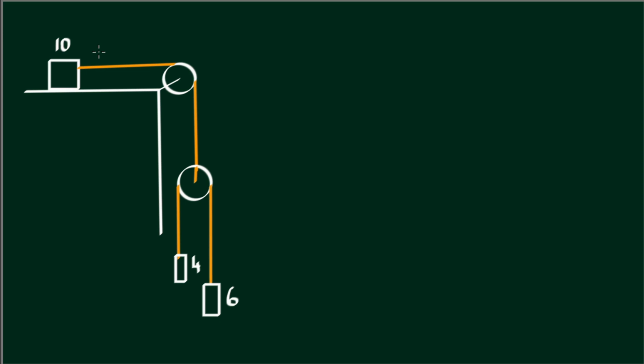Let the acceleration of the 10 kg block be A, which means this pulley, which is free to move up and down, will accelerate downwards with an acceleration A. Now let's get into the frame of reference of this pulley.